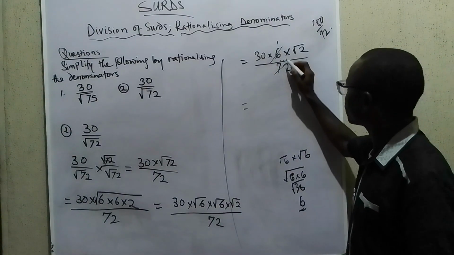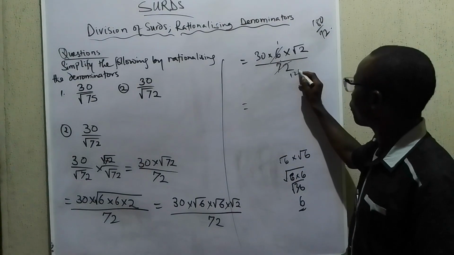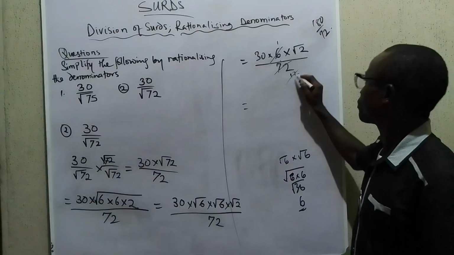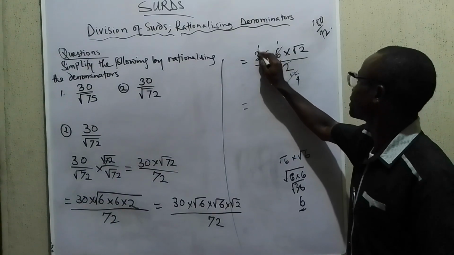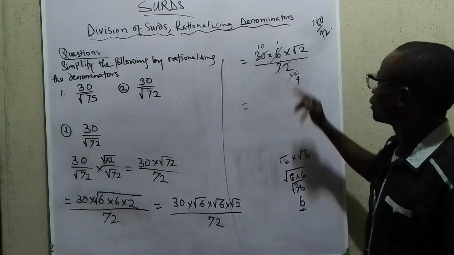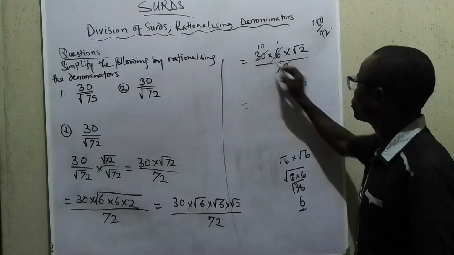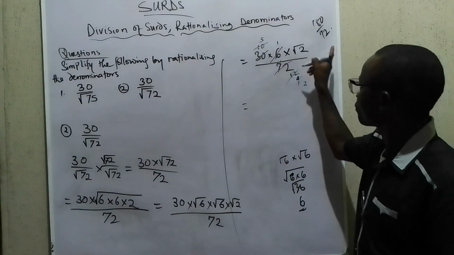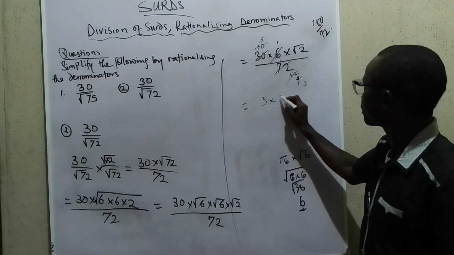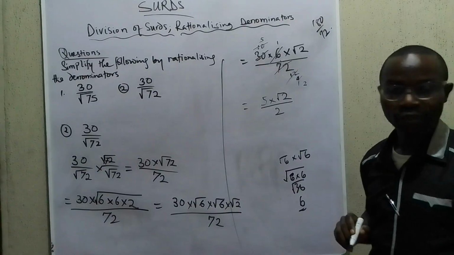Now 3 can go, 3 here is 4, 3 here is 10, and 2 can still go, 2 here is 2, 2 here is 5. So what remains is 5 times root 2, all over 2.